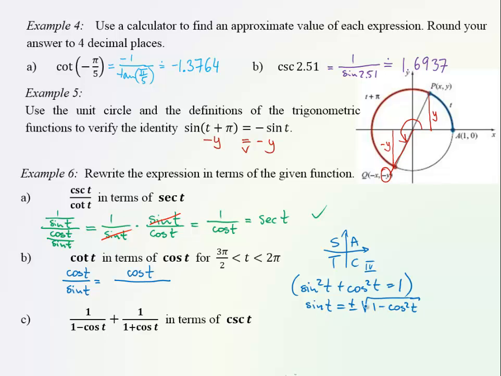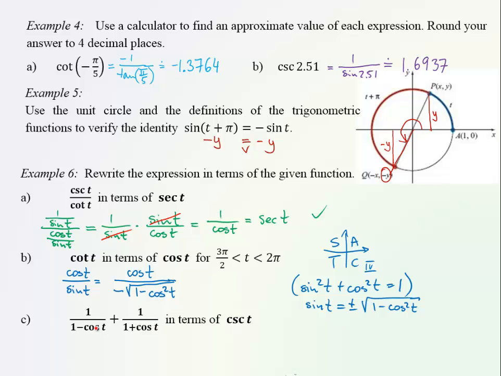Since we just figured out that our cotangent must be negative, when we solve this expression for sine t, we are using the negative option. So that's equal to negative root of 1 minus cos square t, just because our angle is in the fourth quadrant. We can also look just at the sine. The sine must be negative in the fourth quadrant. So we change cotangent into an expression that involves only cosines.